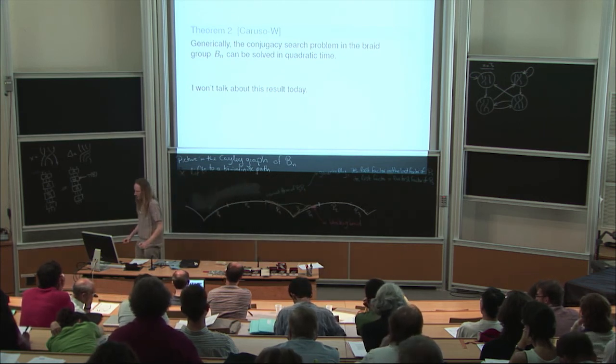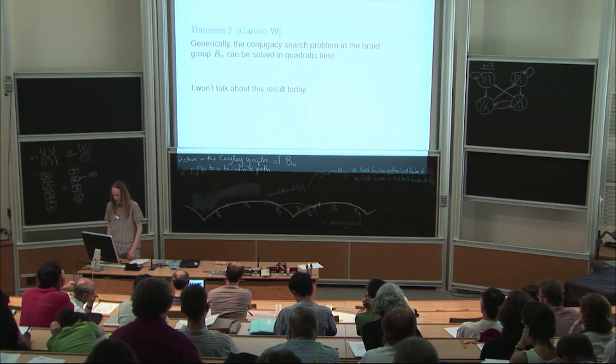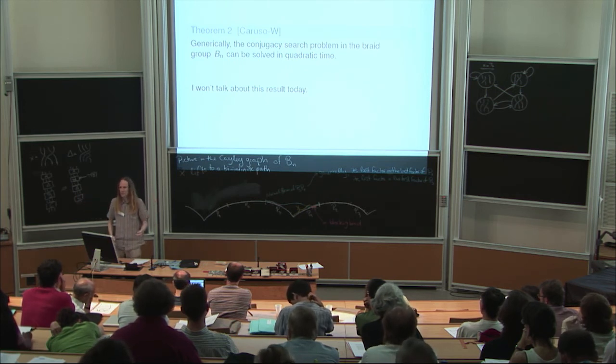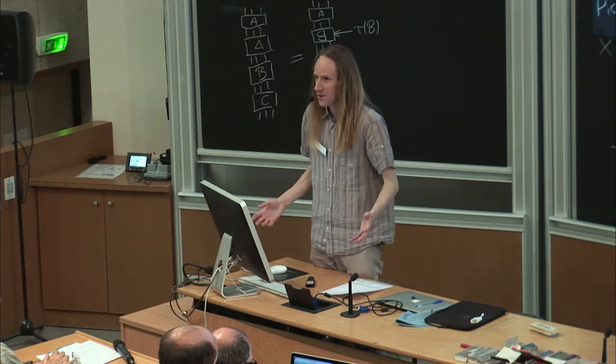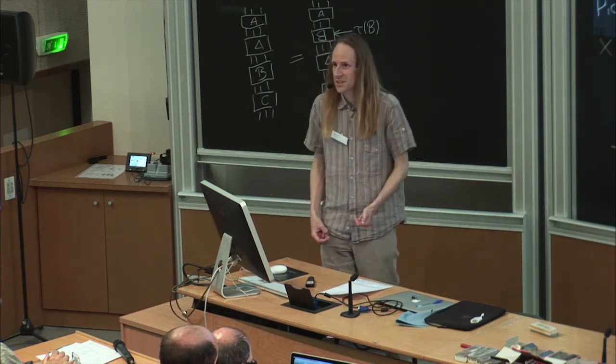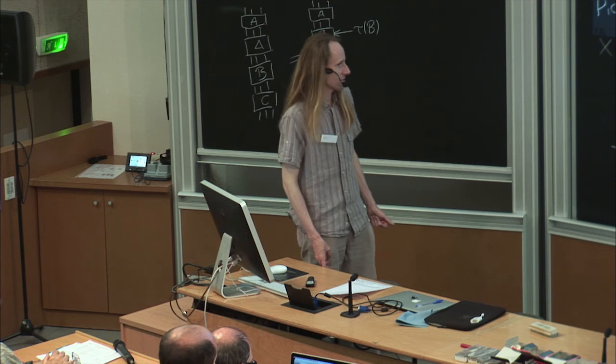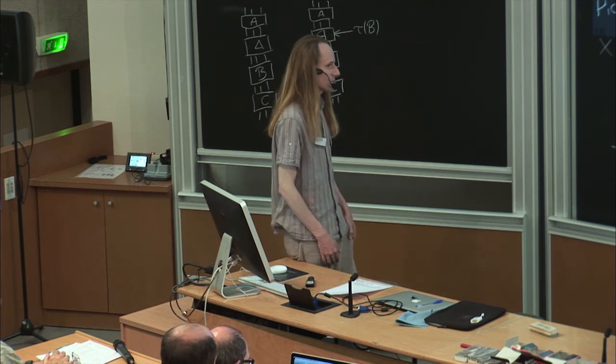So we have all these characteristic subsets of the conjugacy classes of braid groups, and the most famous one is the supersummit set, and there's another one called the sliding circuit set.